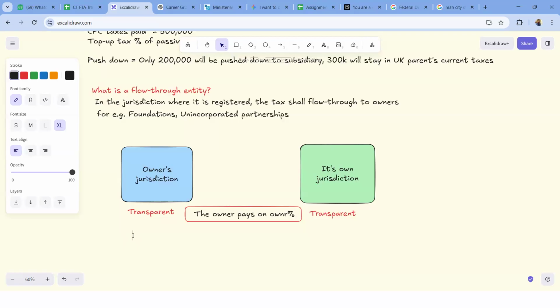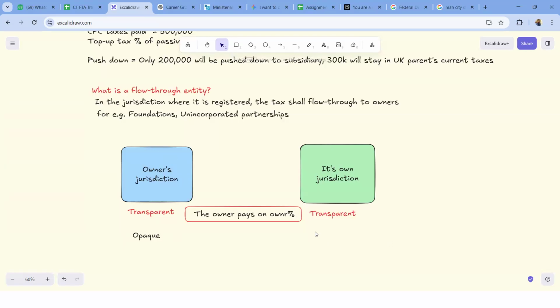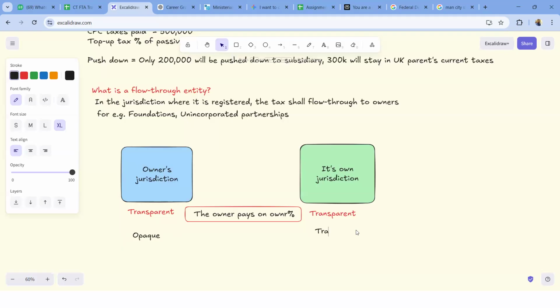Now tell me, if it is opaque in the owner's jurisdiction and transparent in its own jurisdiction, what will happen? Then who will pay the taxes?